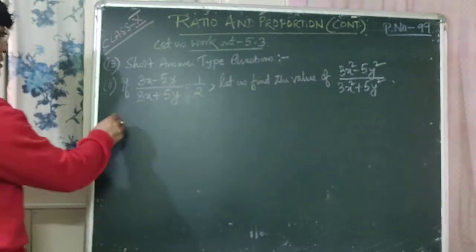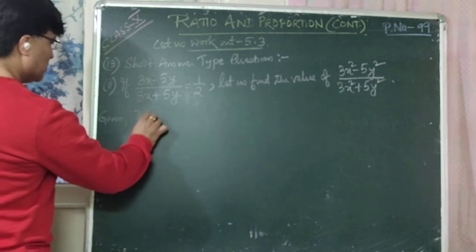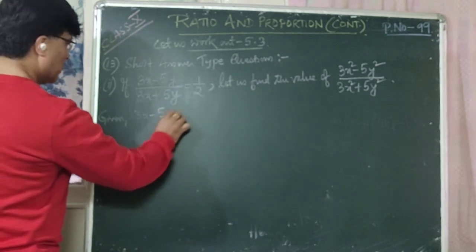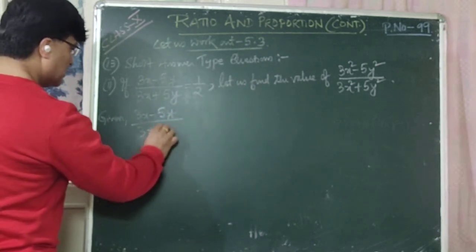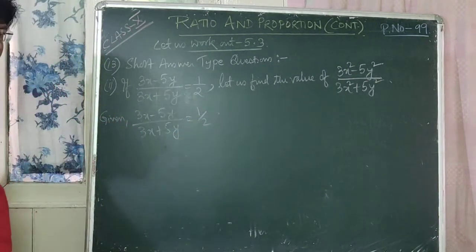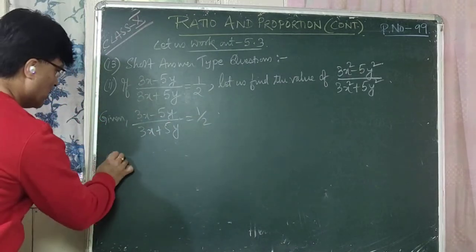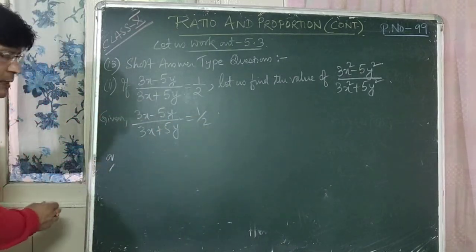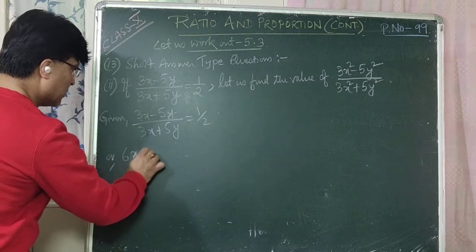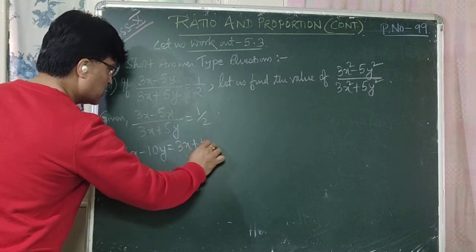So let us write down what is given. (3x minus 5y) divided by (3x plus 5y) is equal to half. Let us do cross multiplication. It is 6x minus 10y is equal to 3x plus 5y.